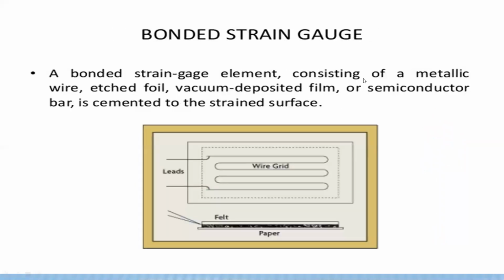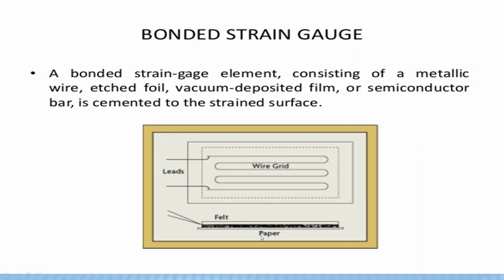Okay, and next one, bonded strain gauge. A bonded strain gauge element consisting of a metallic wire, etched foil, vacuum deposited film, or semiconductor bar is cemented to the strained surface. You can see the construction.